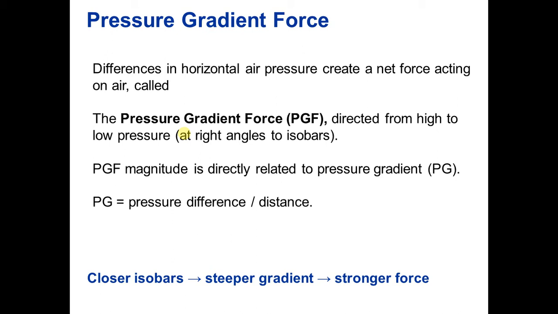The closer the isobars are, okay, the closer the isobars are, the steeper the pressure gradient and the stronger the pressure gradient force and the stronger the winds, greater the wind speed. The greater the spacing in isobars, the farther apart they are, the less the gradient, the weaker the pressure gradient force, and the lighter the winds.